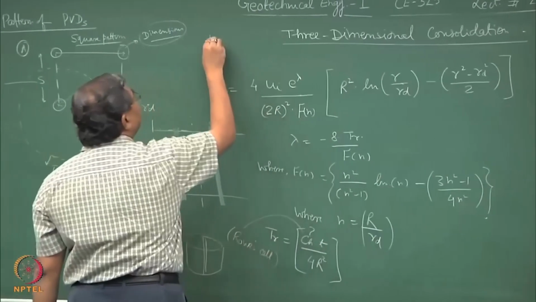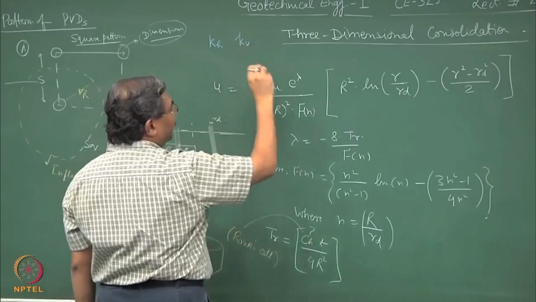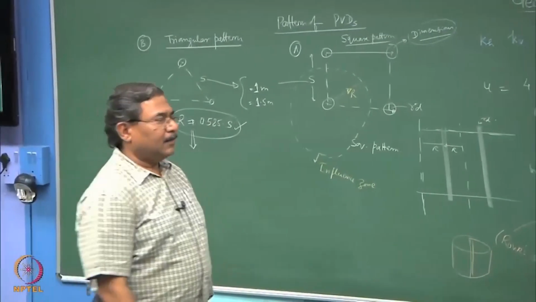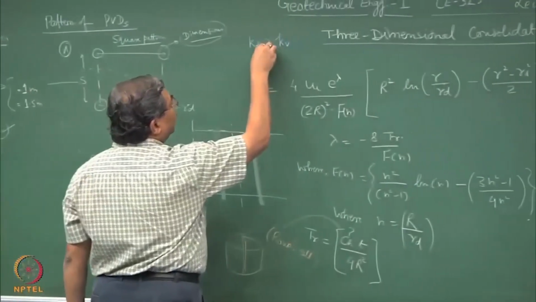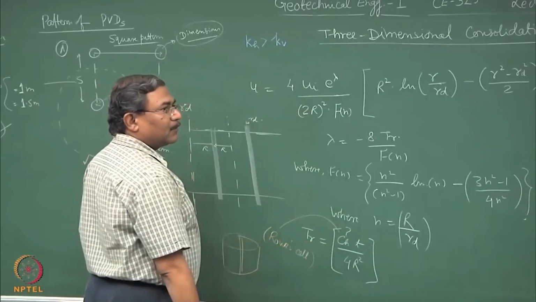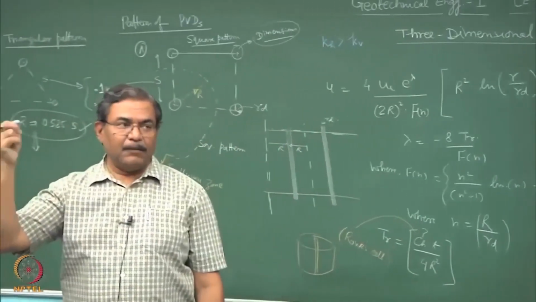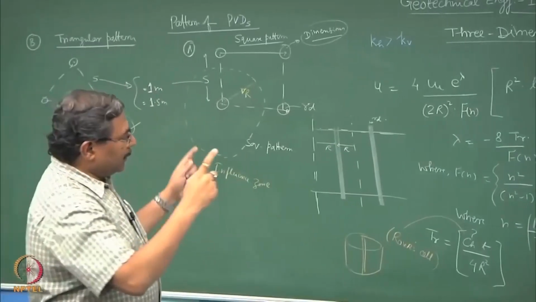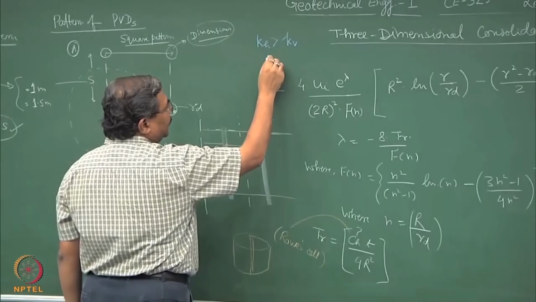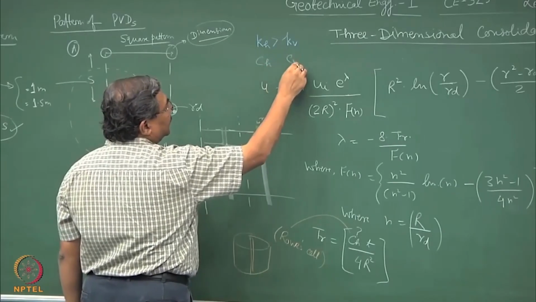we know the relationship between Kh and Kv. Which one was more? Yes, Kh is greater than Kv, and Kh controls Cv directly, because what we have seen is Cv equal to K into Mv gamma W. So, for a given material Mv gamma W is constant. So, truly speaking, the Kh and Kv relationship can be extended to Ch and Cv also.